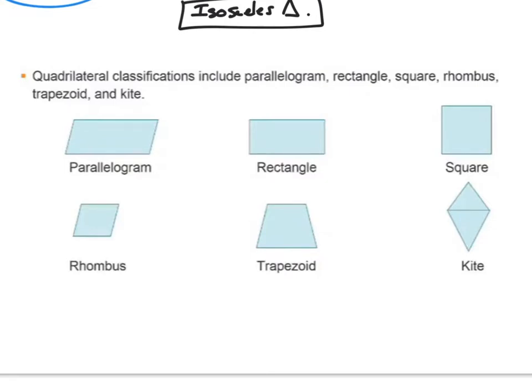You can still use all those properties we learned about, but when we're doing coordinate geometry, we really want to talk about diagonals. Usually you'll have a picture of this, and you'll kind of already know what it is, but we need to verify what it is.